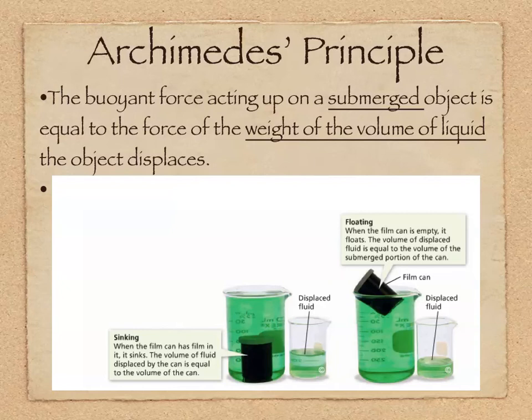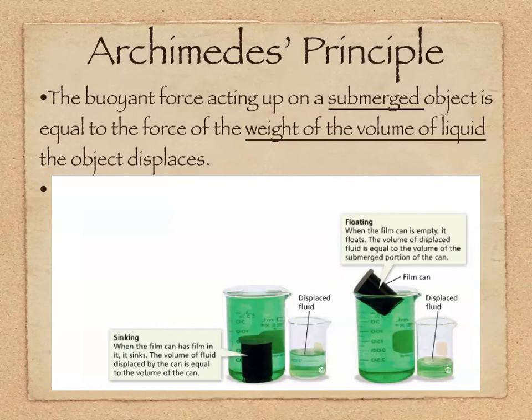Okay, I'll say that again. The buoyant force acting upwards on a submerged object is equal to the force of the weight of the volume of liquid that the object displaces.